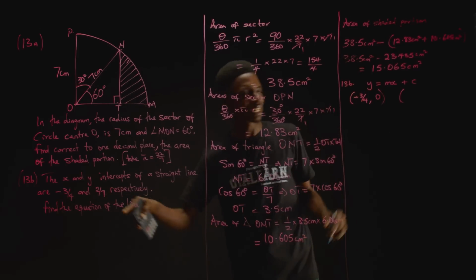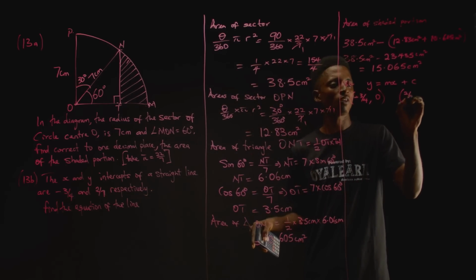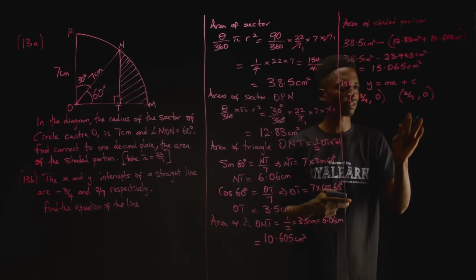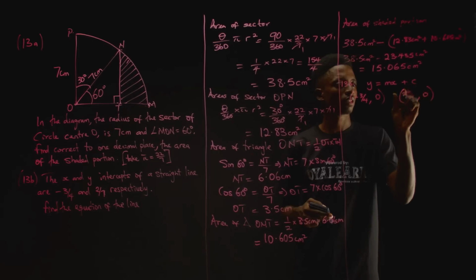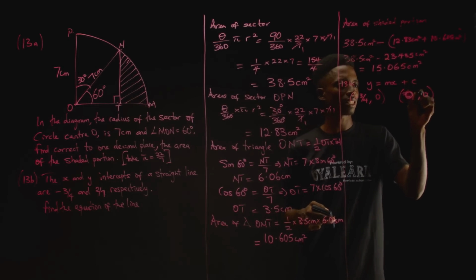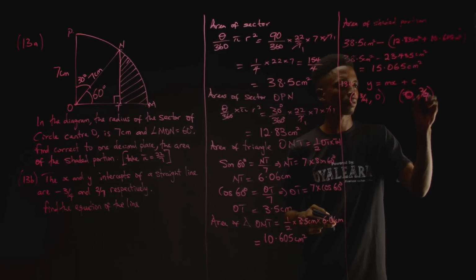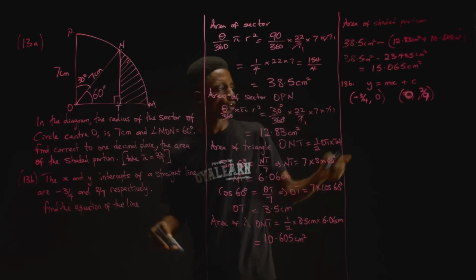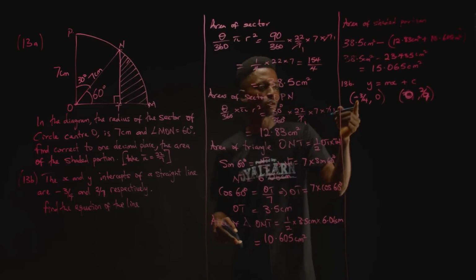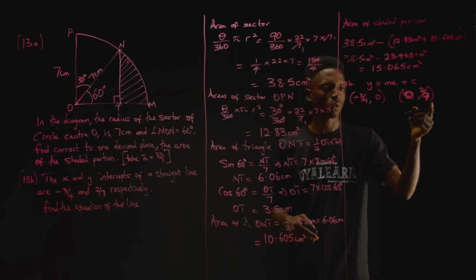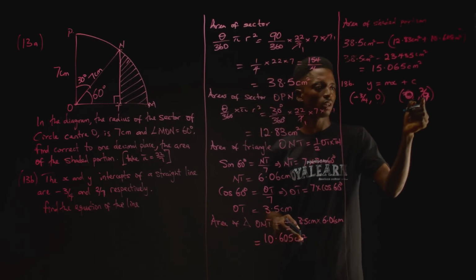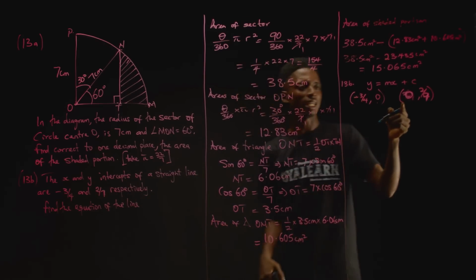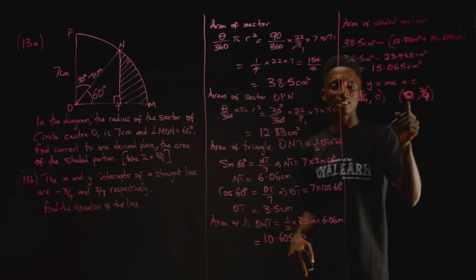Then at this other intercept, we're going to be having 0, 2/7. We always write x first. So please take note, always write the value of x before y when writing coordinates. So x, y, x, y. Here y is 0, here y is 2/7, here x is minus 3/4, and here x is 0.